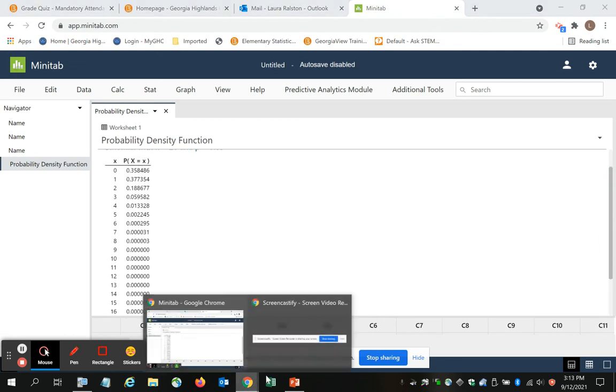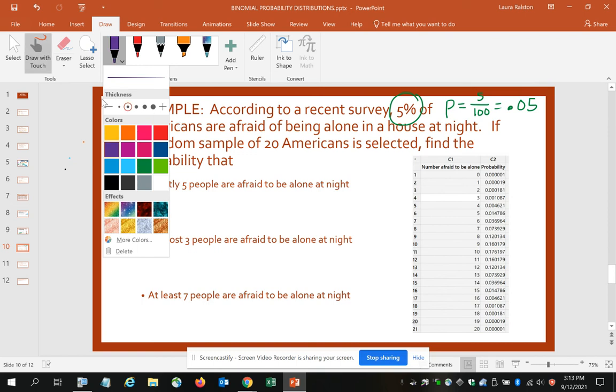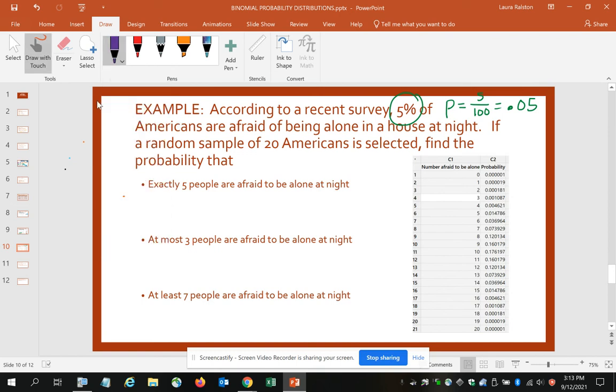So if we go over here and we try to answer these questions using that output, okay, it says, what's the probability exactly 5 are afraid of being alone at night? Okay, when it's exactly, again, you can go back to that table, but exactly, we typically read it directly from the table.